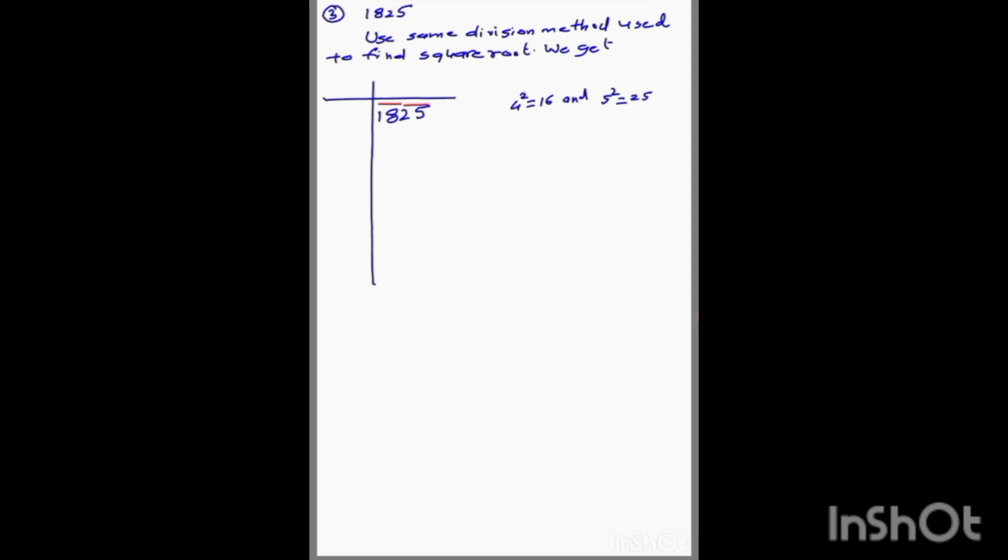So take 4 square, which is less than 18, and always select the lower one. So you take 4 here, above 4 and 16, 4 into 4 is 16. Subtract this, you get 2. And bring the whole bar digits down, and you get 225.